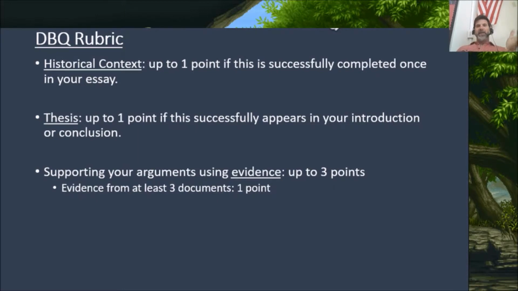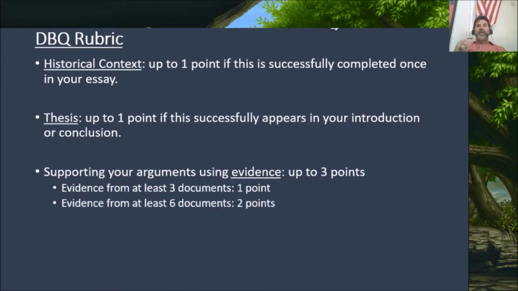And what this means is that if you are blanking a little bit, if you're having some trouble interpreting the documents, use as many of the documents as you can. Even if it's not all of them, you can still get a point for at least 3. And you can still establish a good thesis statement, and you can still establish arguments based on that smaller number of documents, and you can still get a good score.